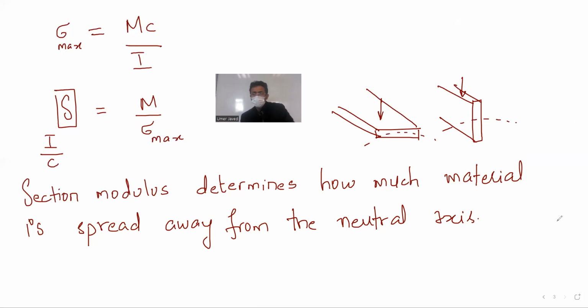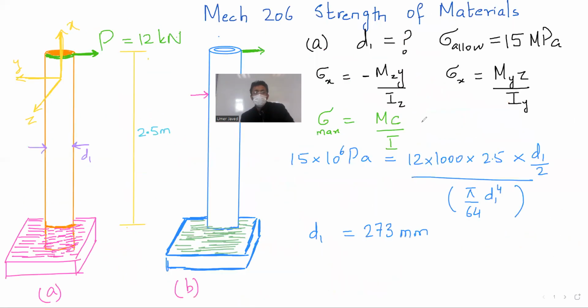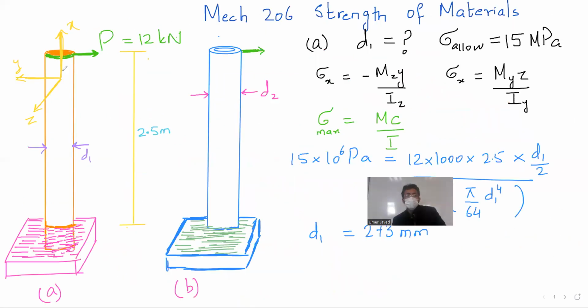You can do one more problem. But before you do that, is there anyone who wants me to make X's and then do the left one, this one? If you want to do it with the X's, you can write stress sigma_x equal to minus, clockwise, so it will be negative, right? Minus Mz.